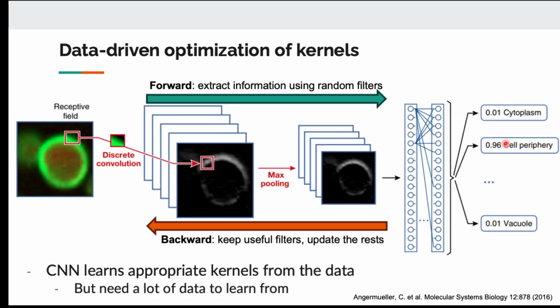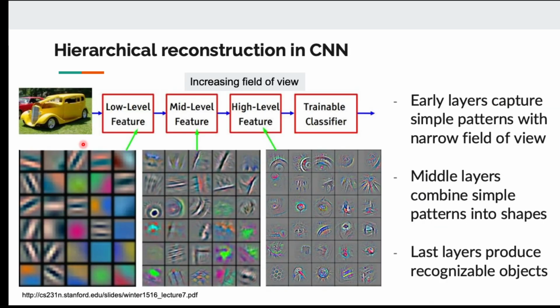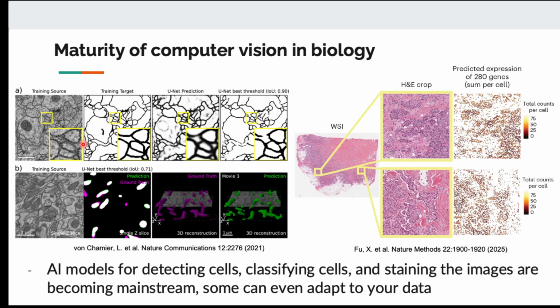But for tasks that are more and more complex, now we have algorithms that allow the computers to learn the algorithm themselves to extract details from the image, to detect or to classify things that we want to look at. So nowadays, when you buy a new microscope, sometimes they will come with software that has an algorithm inside that helps you recognize or detect different parts of the image.